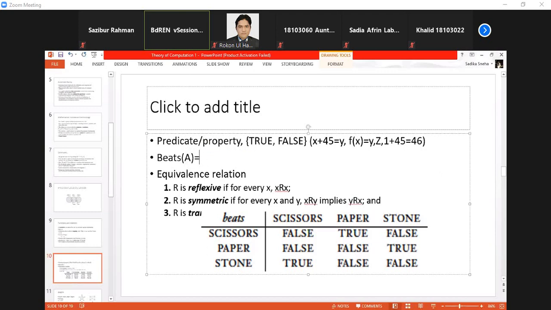For B, it can be true or it can be false, because this is the range of values for any predicate. Okay, so we can see beats. The function is not defined yet. There will be two things.